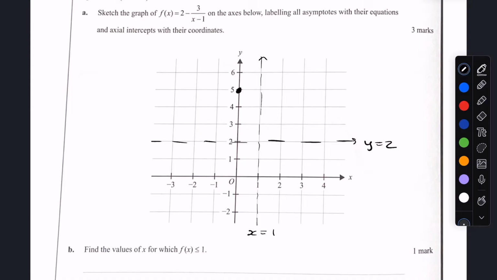And the x-intercept will be 3 over x minus 1 is equal to 2. x minus 1 is equal to 3 over 2. x is equal to 5 on 2. So that's 2.5. And it looks like that, and like that.